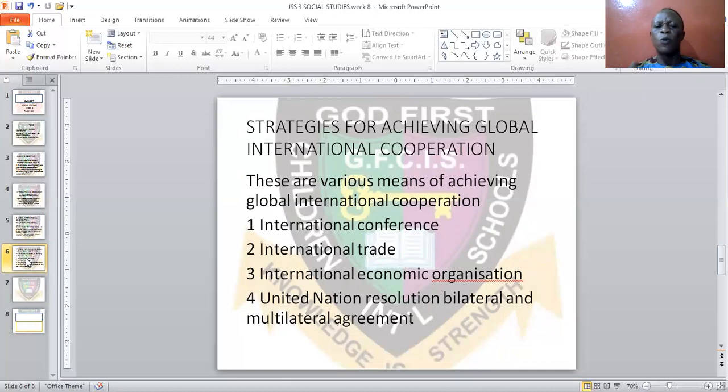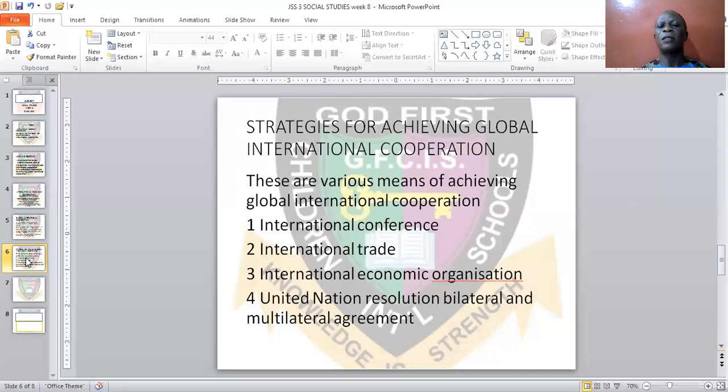That is between the UN and Nigeria coming together on a certain issue in order to iron out things among themselves. These are the strategies. And we still have many more, like understanding each other, understanding each continent, for cooperation, and many more. These are the strategies for achieving global international cooperation.